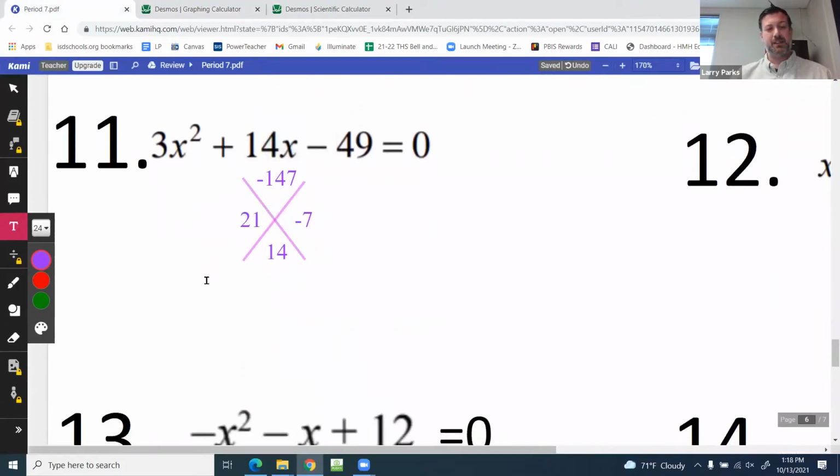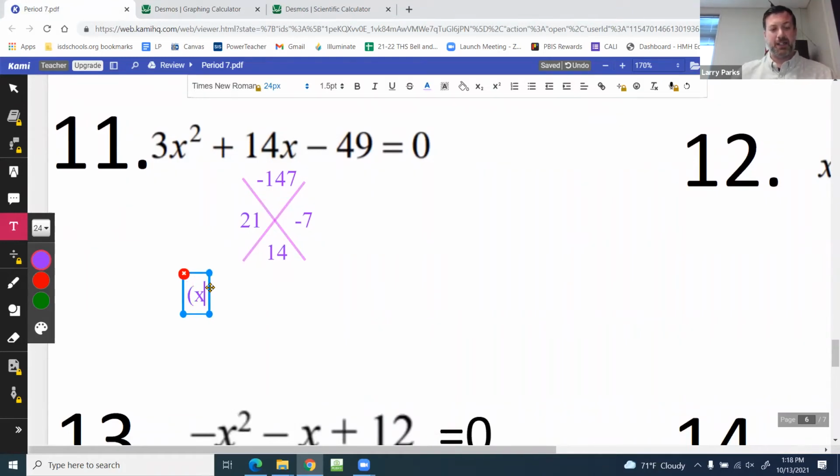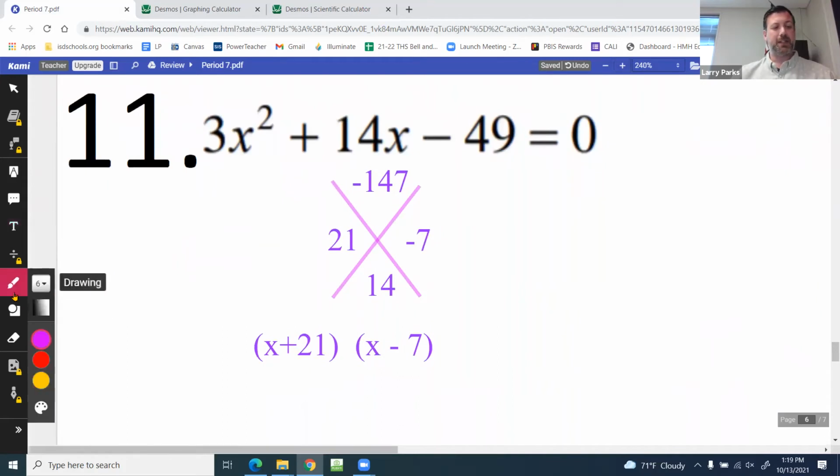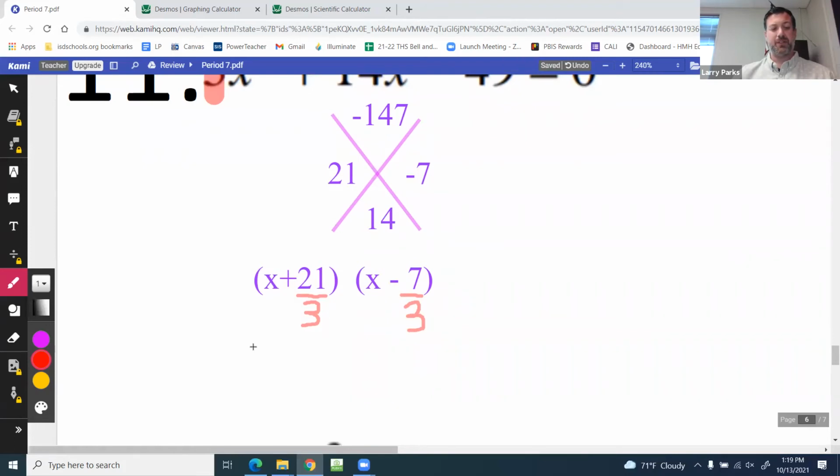Now, I could put x plus 21, x minus 7. The difference being, whatever this is, I now need to divide that by here. This is called slide and divide. 21 over 7 reduces to, I'm sorry, I just said the answer. 21 divided by 3 is 7.